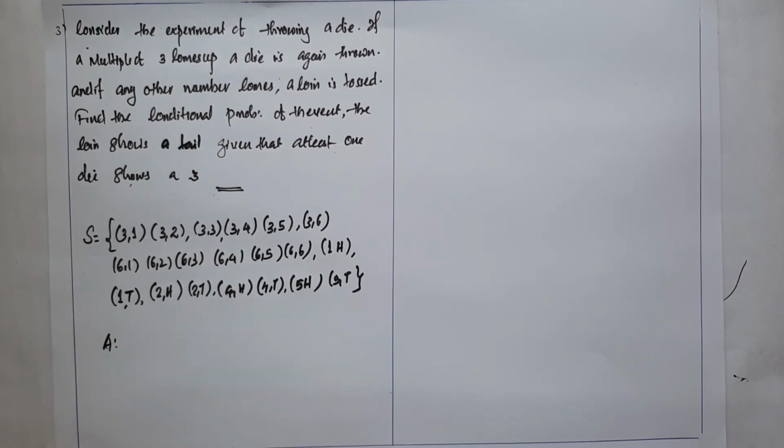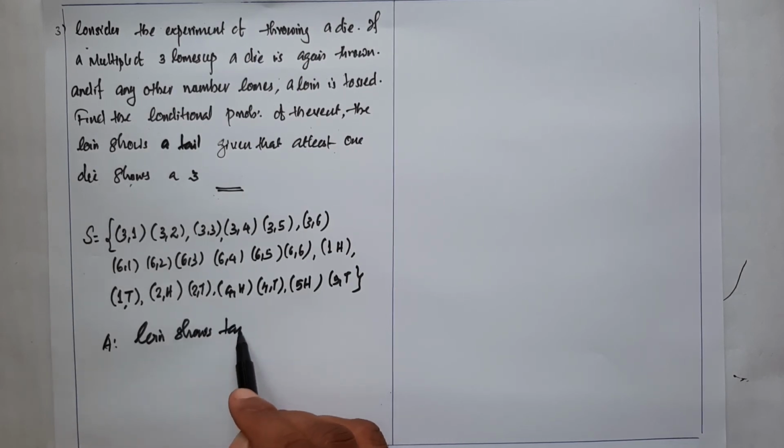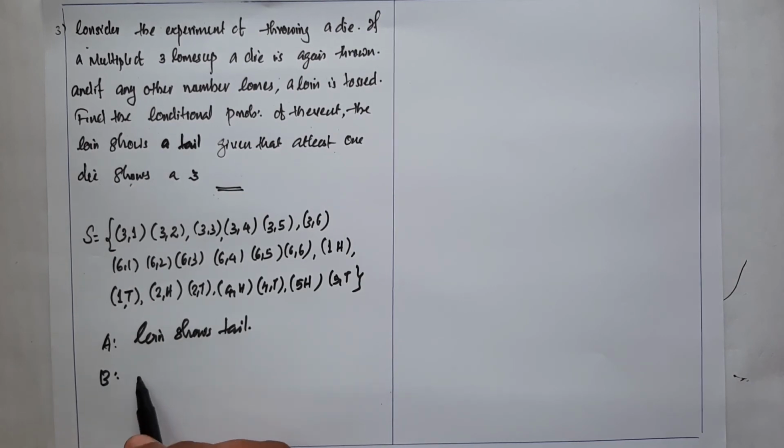Now let A be the event that the coin shows tail, and B be the event that at least one die shows 3.